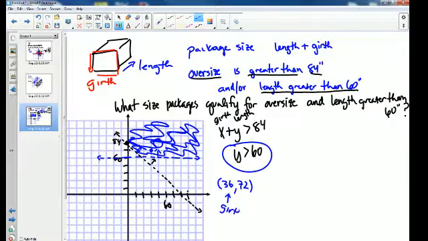So it's a package of girth 36 inches and length 72 inches, and it qualifies for both charges. So be able to interpret, do the math, and reinterpret in the context of the problem. Honestly, if you're going to use math after high school, this is how most of you are going to use it, interpreting it in the context that you need to use it.